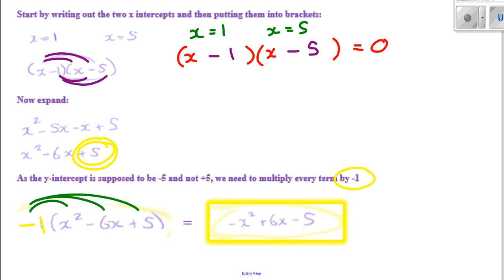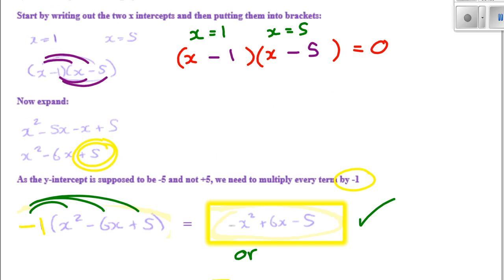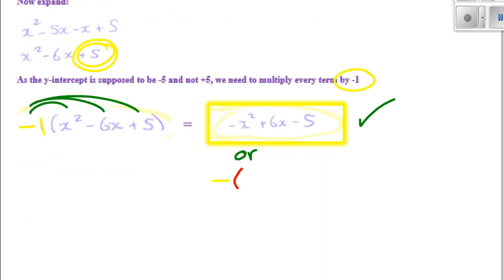If you use the brackety version above, you could have also done -1 times (x minus 1)(x minus 5). That also technically is a correct answer.